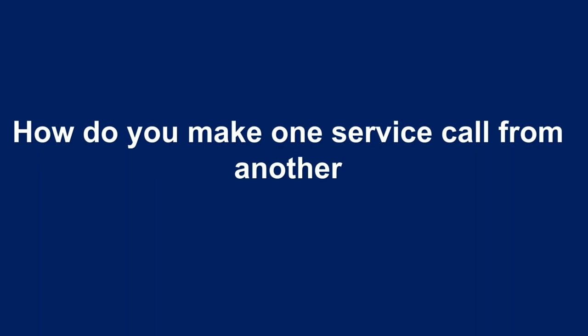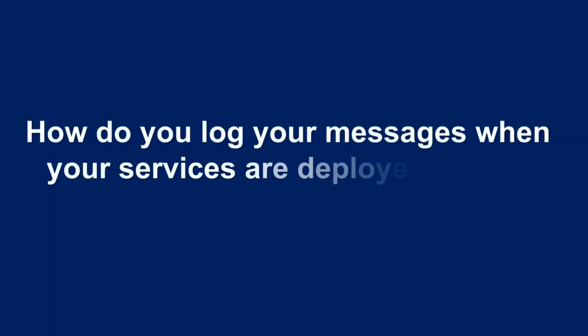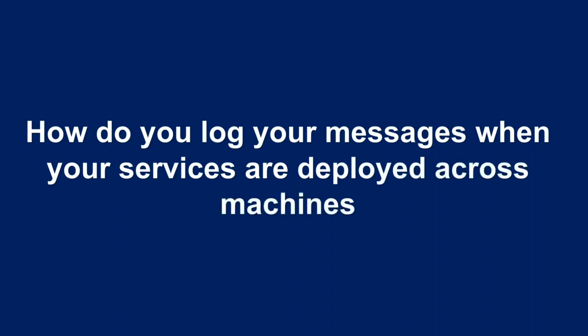Coming to the next question, how do you log your messages when your services are deployed across different machines? They actually gave me a real-time problem. There is one service which is deployed on different machines, and how do you know, whenever a request is coming, on which server, on which machine that request is getting served?